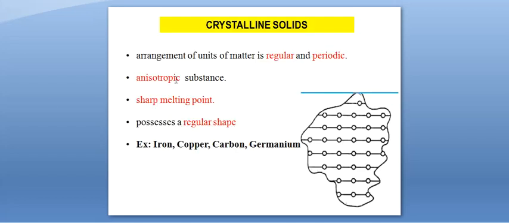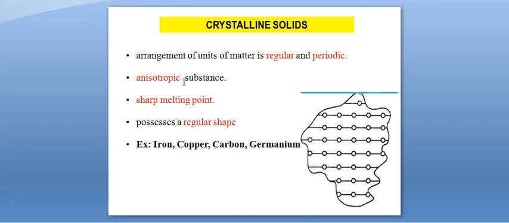First, crystalline solids. In crystalline solids, I already told you that the arrangement of atoms is regular or periodic. So this is the periodic arrangement of atoms. All the atoms are arranged in a periodic manner.